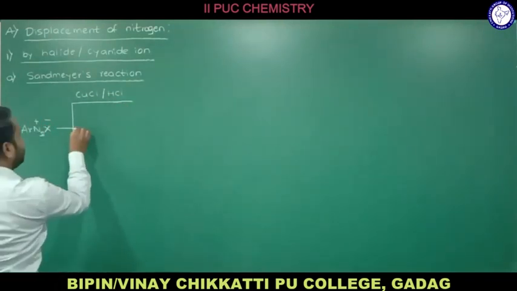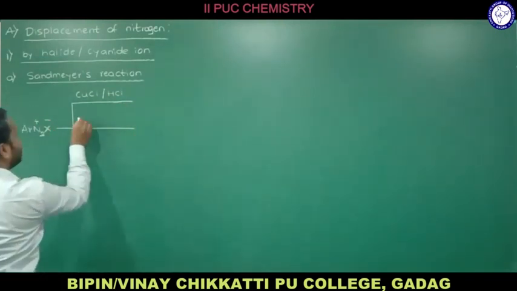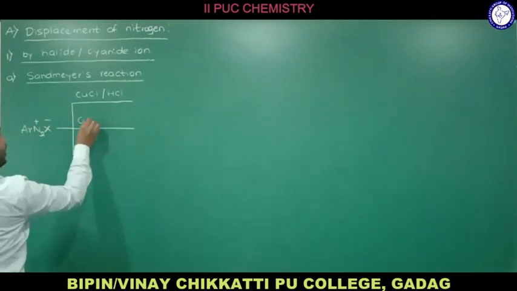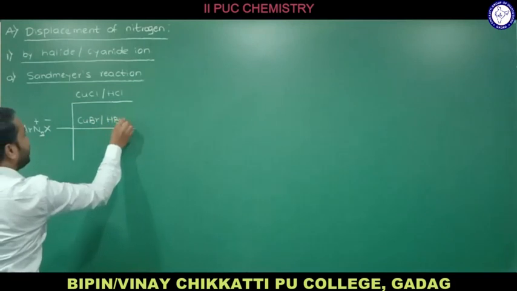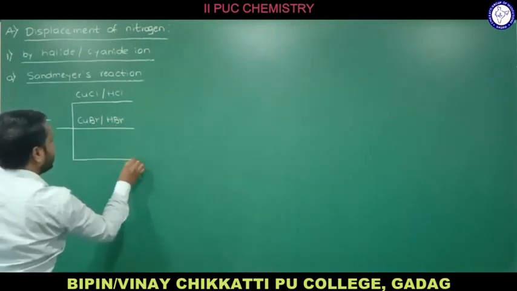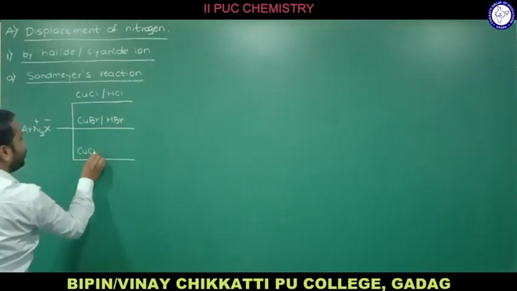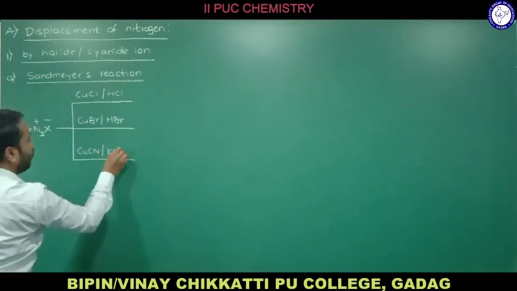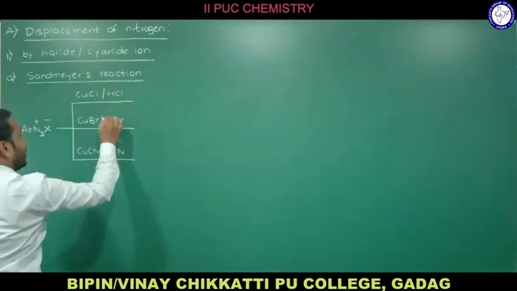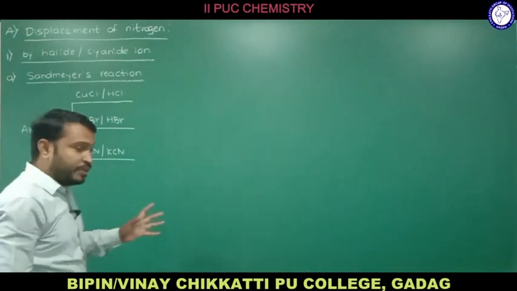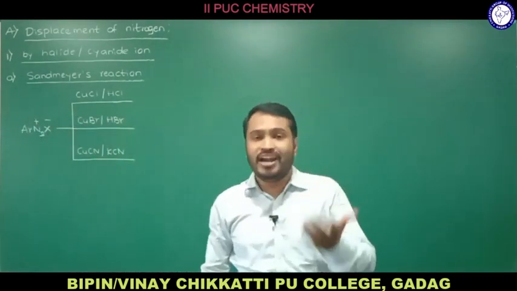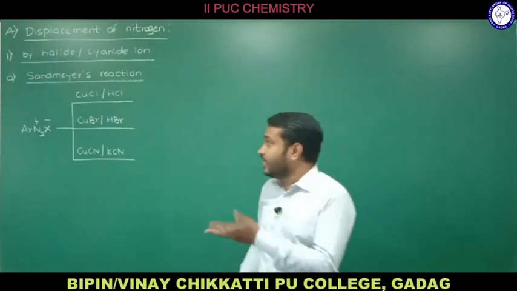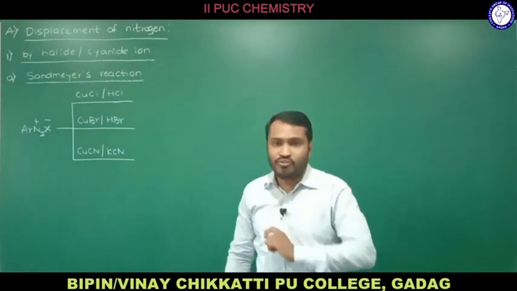The second condition is when the same diazonium chloride reacts with CuBr in the presence of HBr. And in the third case, CuCN in the presence of KCN. So HCl, HBr, KCN, respective halogen acids we have. So we have chloride ion, bromide ion, and cyanide ion acting as nucleophiles.